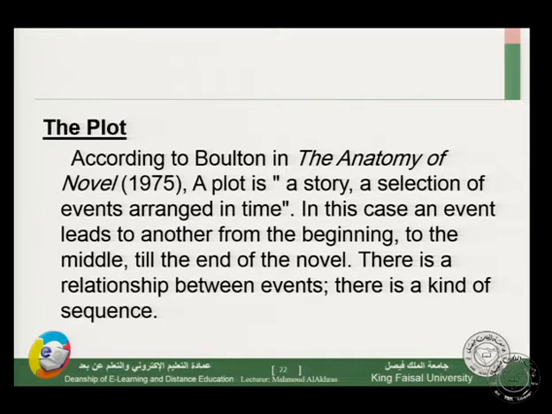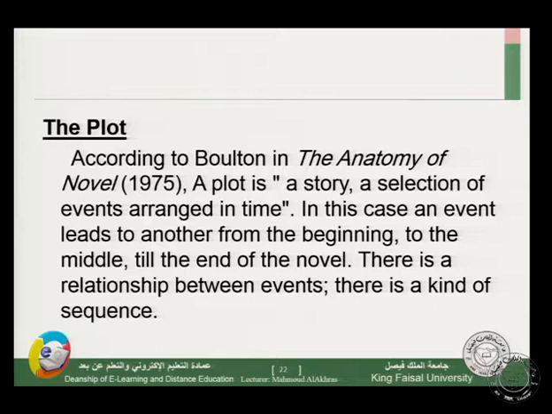According to Forster, in the Anatomy of the Novel, a plot is a story or a selection of events arranged in time. So if I want you to define the theme, we said that. Now let's define the plot. The plot is a story or a selection of events arranged in time.